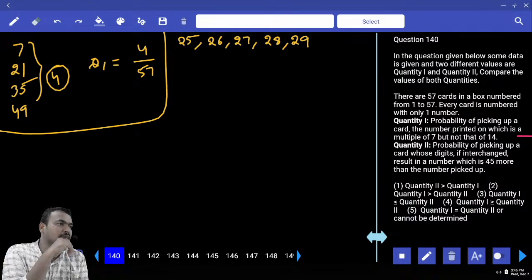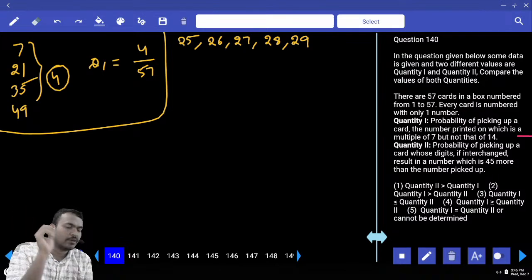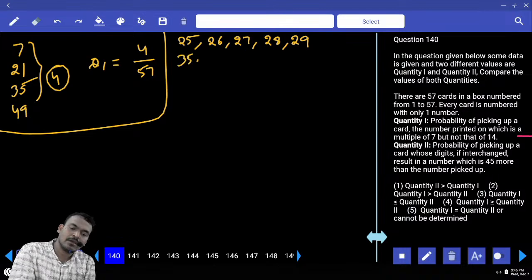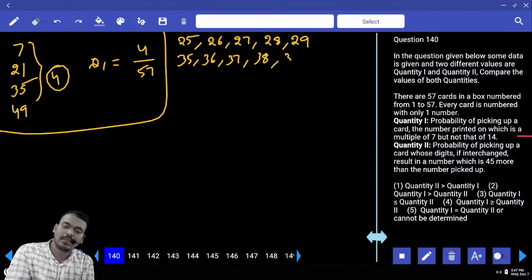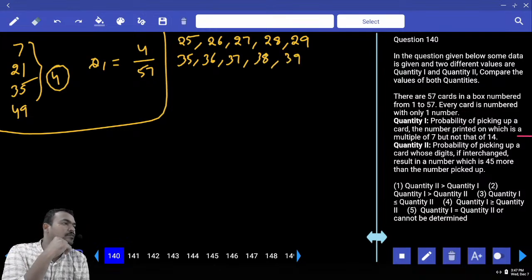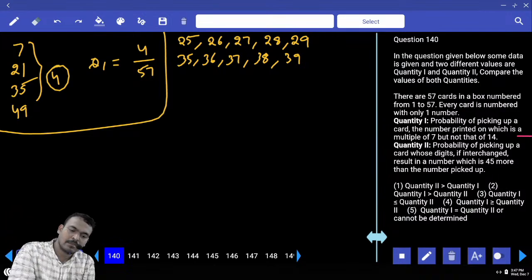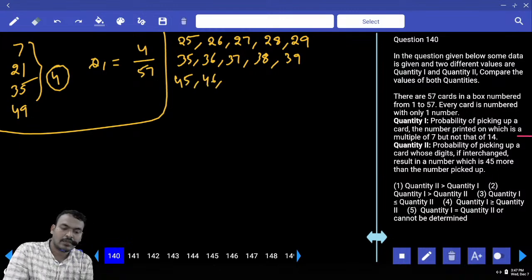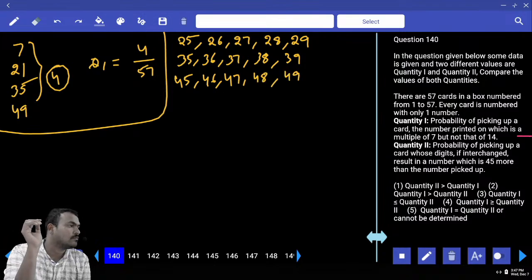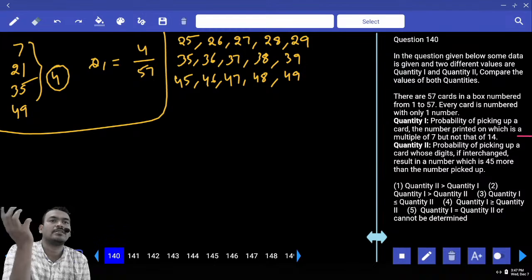All of these on interchanging give a number more than 45. Then 35, 36, 37, 38, 39, interchanging the digits we get more than 45. Next, 45, 46, 47, 48, 49, interchanging the digits we get more than 45.